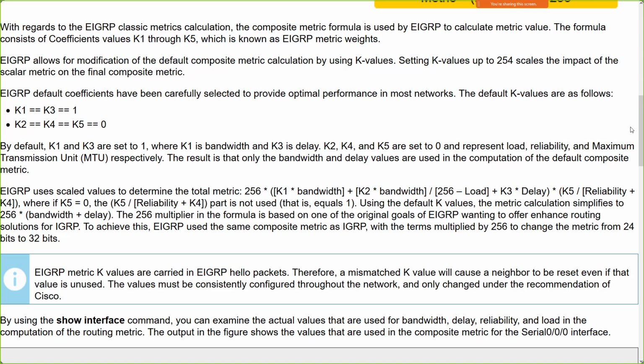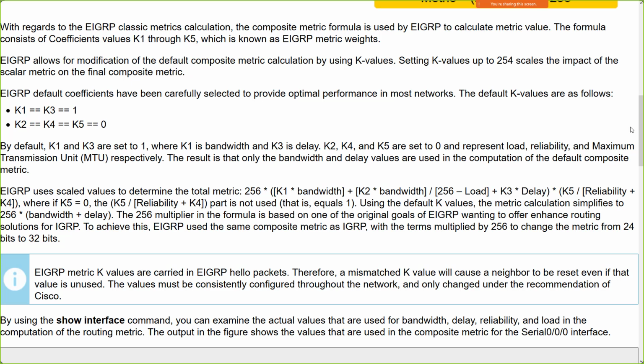So for example, if I wanted bandwidth to count more than delay in the overall calculation, then I would change K1 to have a higher weight than K3.